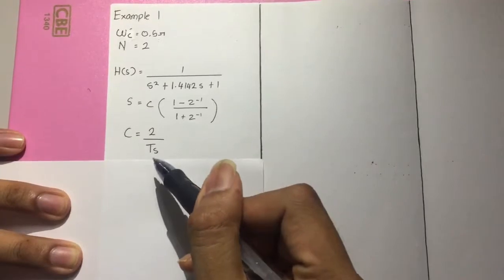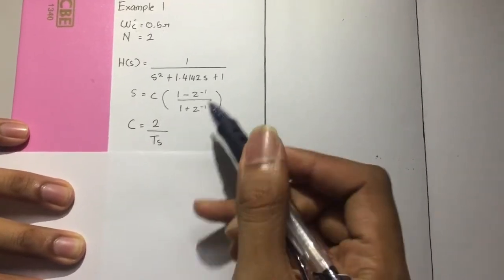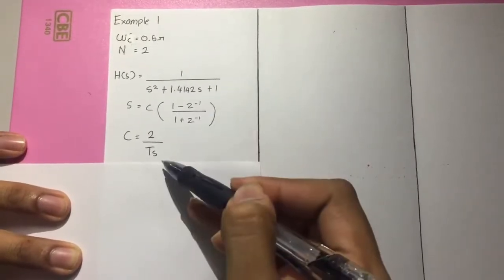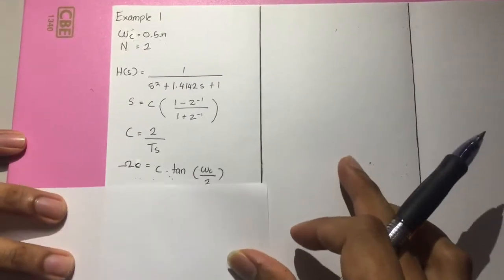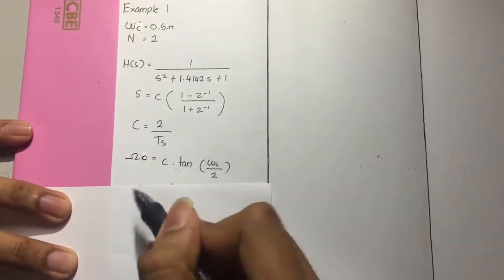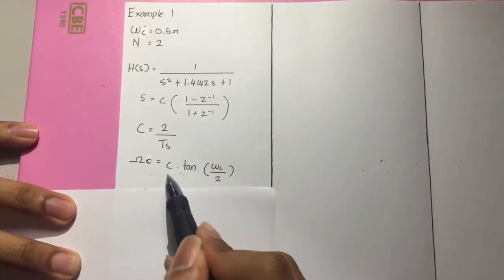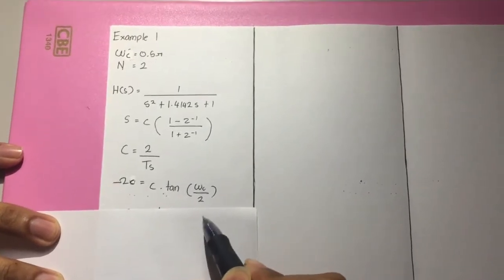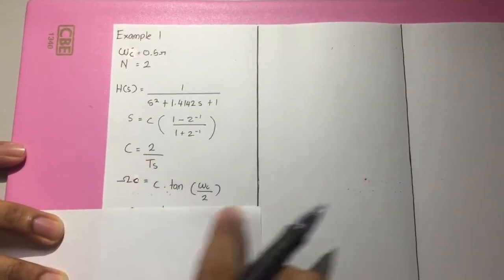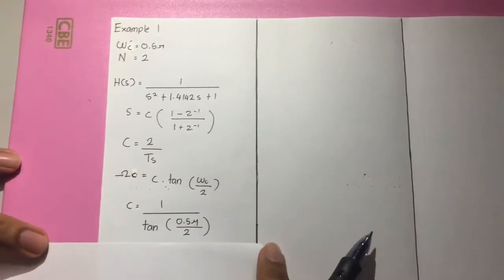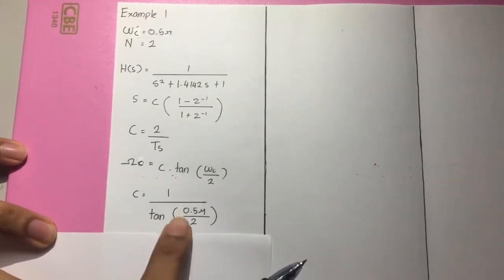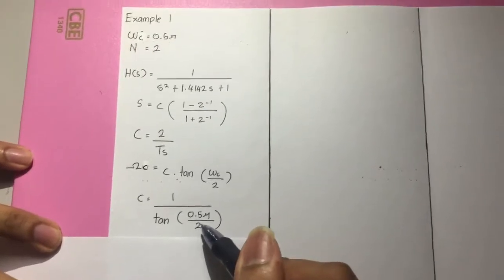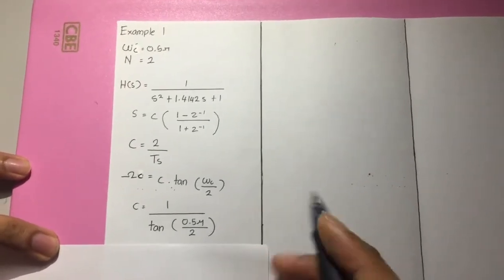If we want to use this formula, we need to know what is TS, but since we don't know the value of TS, we're gonna use the second formula, omega C equal to C dot tan omega C over 2. So we're gonna rearrange this equation and it becomes C equal to 1 over tan in bracket 0.5 pi over 2.